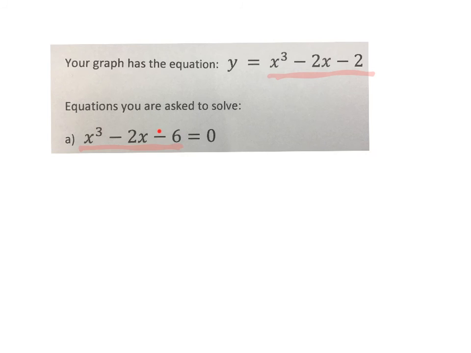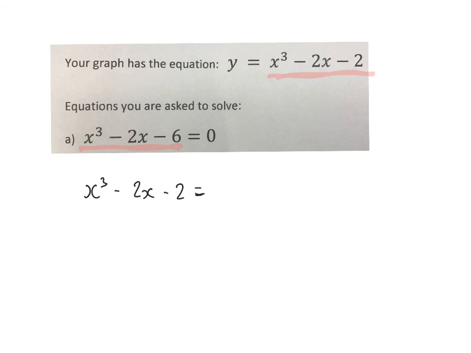The minus 6, however, is wrong. It's a minus 2. So what we have to think about is we want to try and make x cubed minus 2x minus 2 equal, and we don't know what the other side is at the moment, but we have to think about what it is that we're adding or subtracting to minus 6 to get our number minus 2.